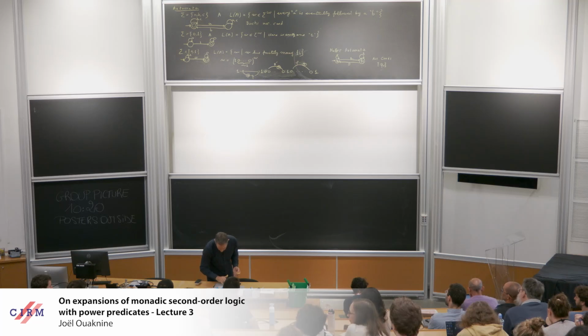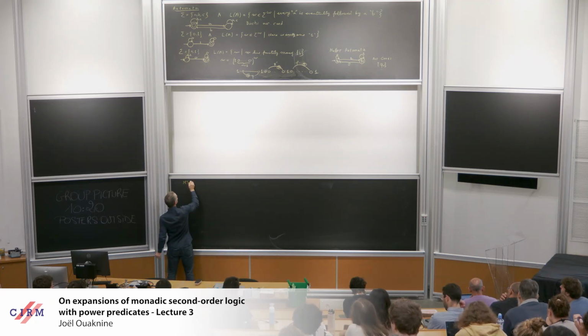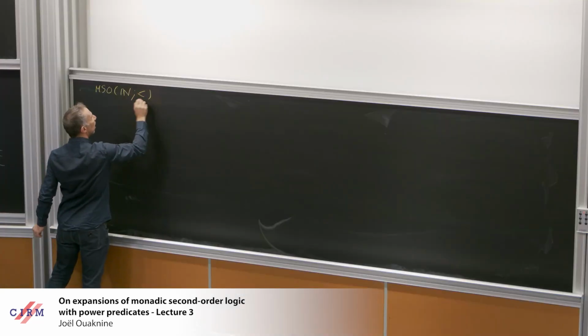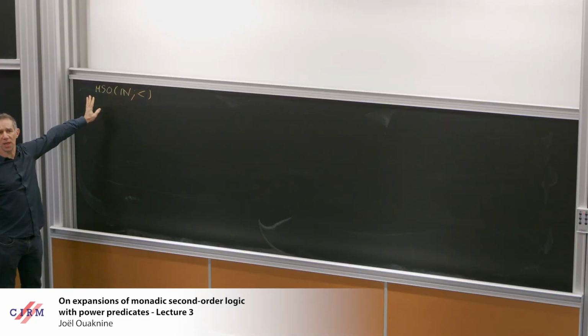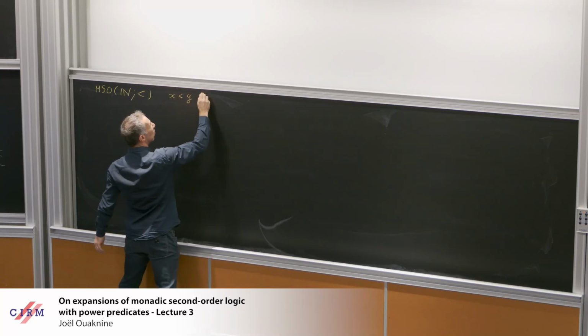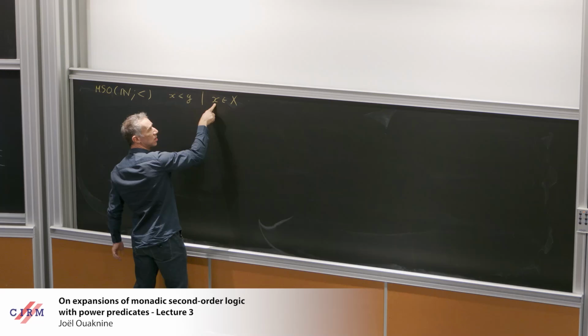Okay. So let me continue. So now I want to do the following. So remember that MSO. I have the syntax, and I can write things such as, x is less than y, or x belongs to capital X. So this is an integer.